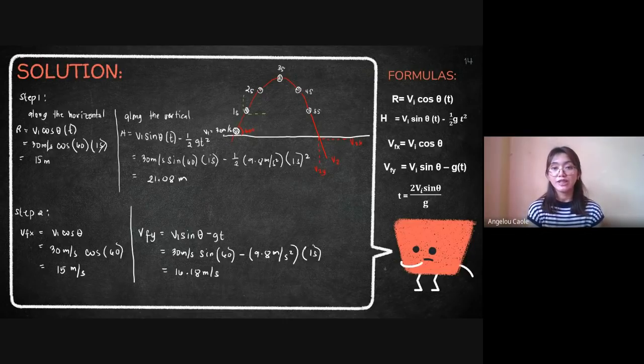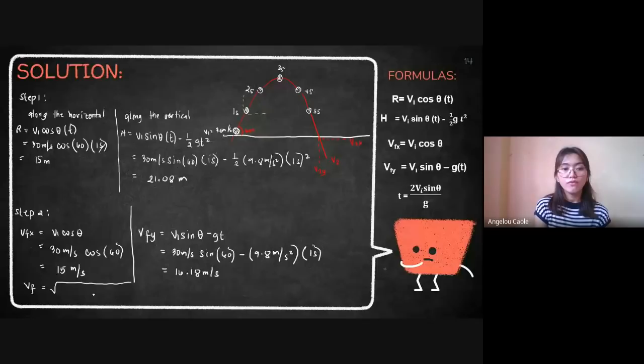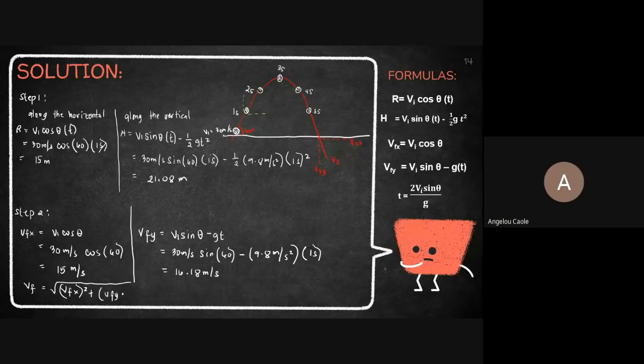But for us to get the final velocity, we are going to use the Pythagorean theorem. So for the Vf after 1 second, that is equal to the square root of Vx squared plus Vy squared. I'll just continue here.